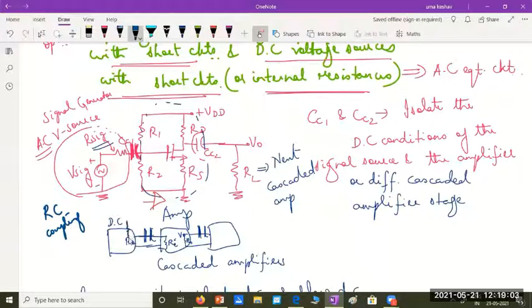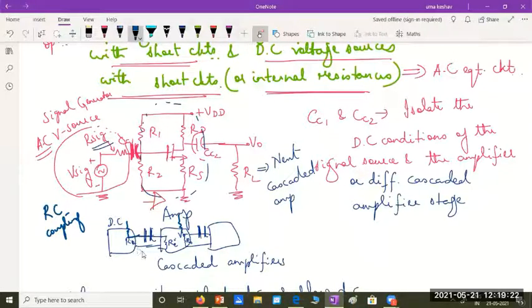I'll have a resistor in this circuit and a capacitor will be used to couple one stage to the next stage. Similarly, an output resistance here and a capacitance here will couple. So this is called RC coupling, resistance capacitance coupling.